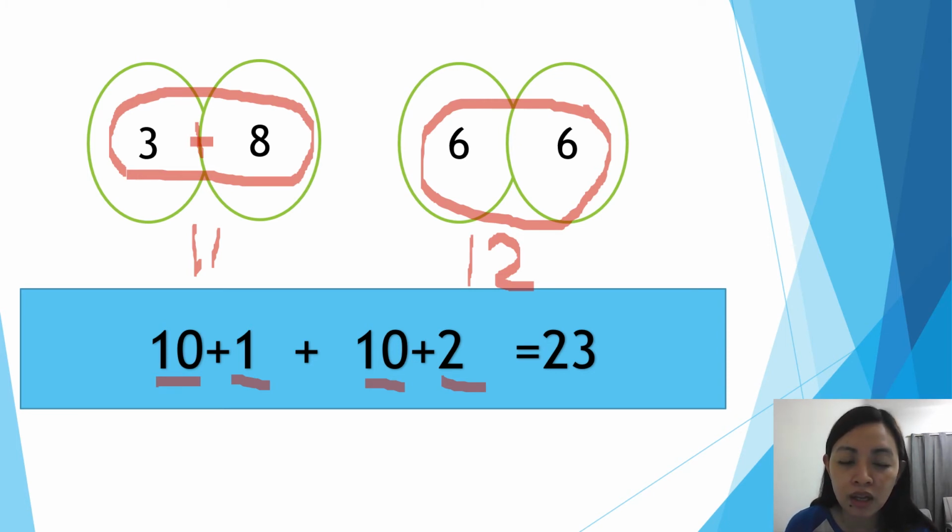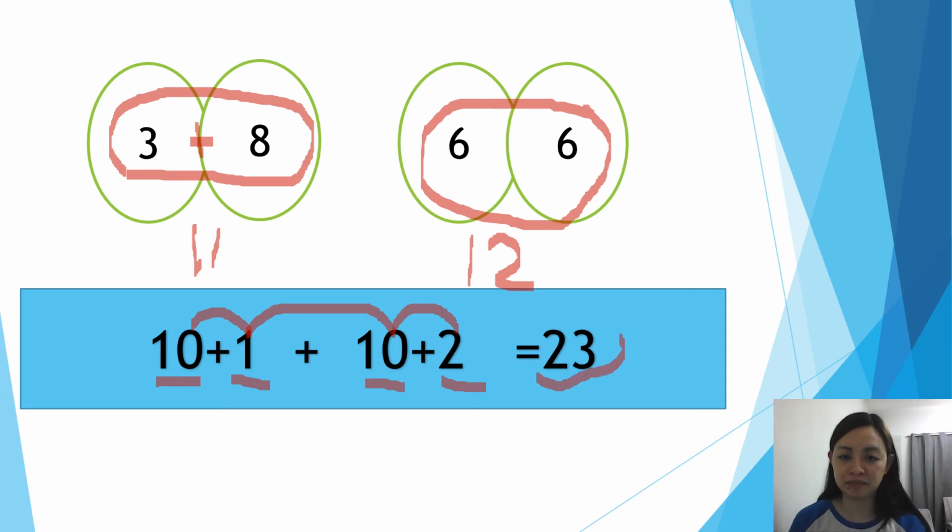So 10 and 1 is 11. 11 plus 10 will be 21. Plus 2, it will be 23. Okay. So I want you to answer the next item. Okay, so pause the video and then play again once you have your answer.